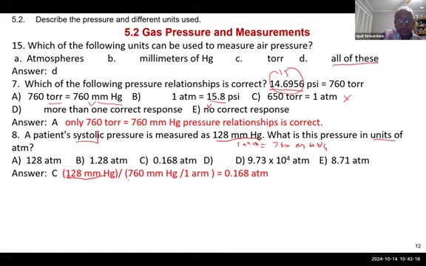Then this is the conversion factor, to cancel out. You get that number when you do the calculation, 128 divided by 760. Answer is C. That's how you do the pressure calculation using the factor label method.